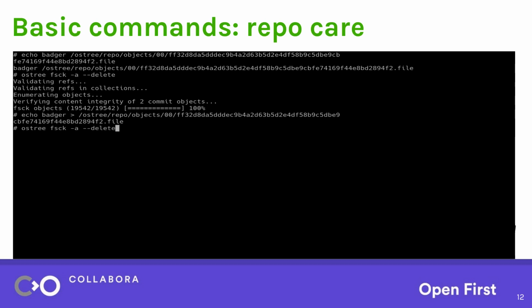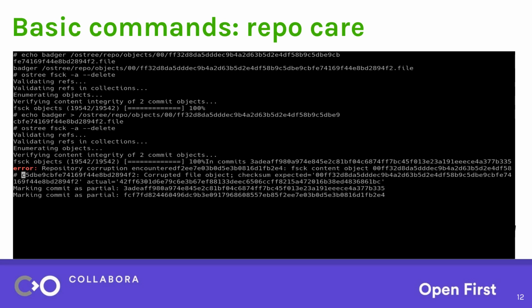After that I will start fsck again. It takes a long time. As you see, the fsck command found a corrupted file object, and both available commits use that file, so they both are marked as partial.